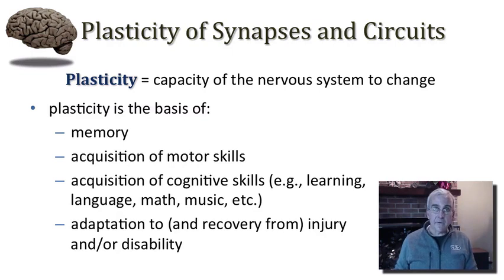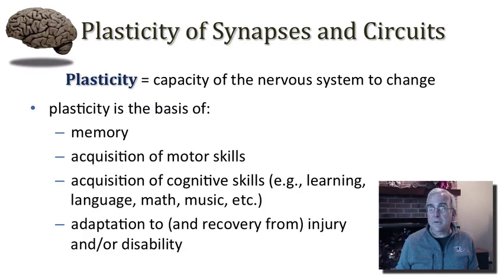It's the basis of acquiring the motor skill that you may have acquired in life, be it in athletics or perhaps performance arts. Maybe it's in a musical instrument. Whatever it may be involving the acquisition of motor skill, there's been some plastic change at multiple places in your nervous system that has made that skill possible.